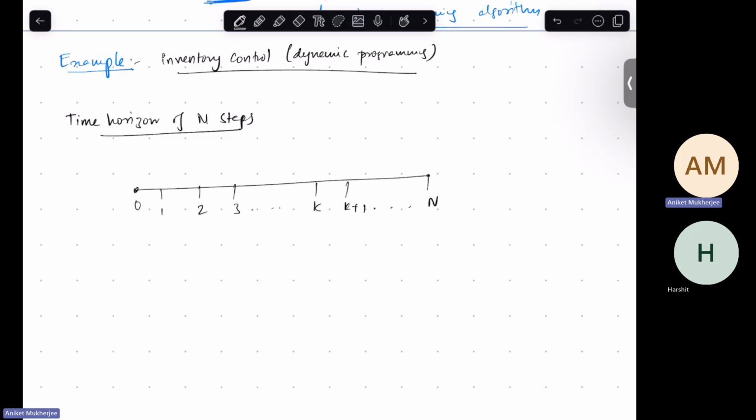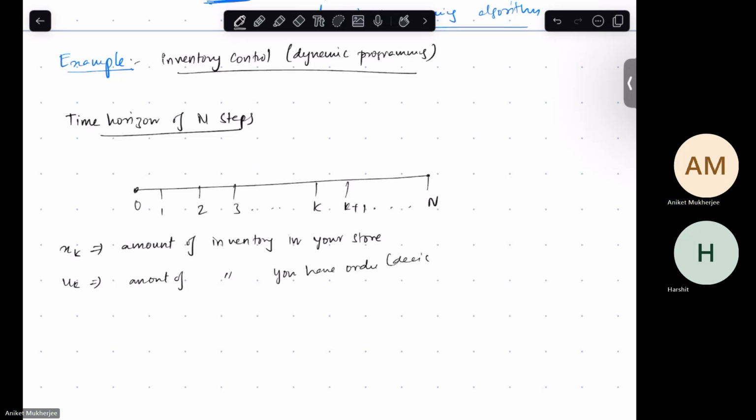And your states xk were the amount of inventory in your store, or somewhere with you, the amount of inventory that you have. uk is the amount of inventory you have to order. That is a decision that you have to make.